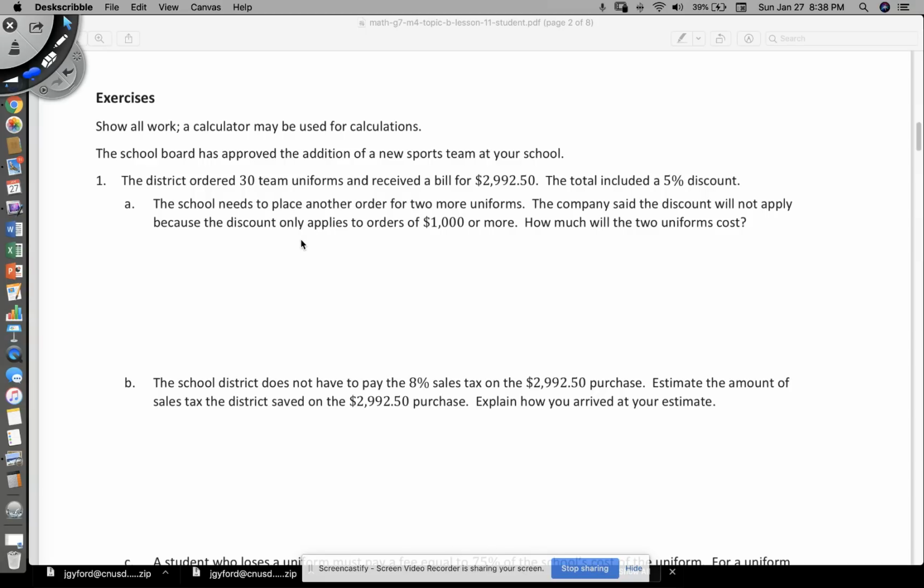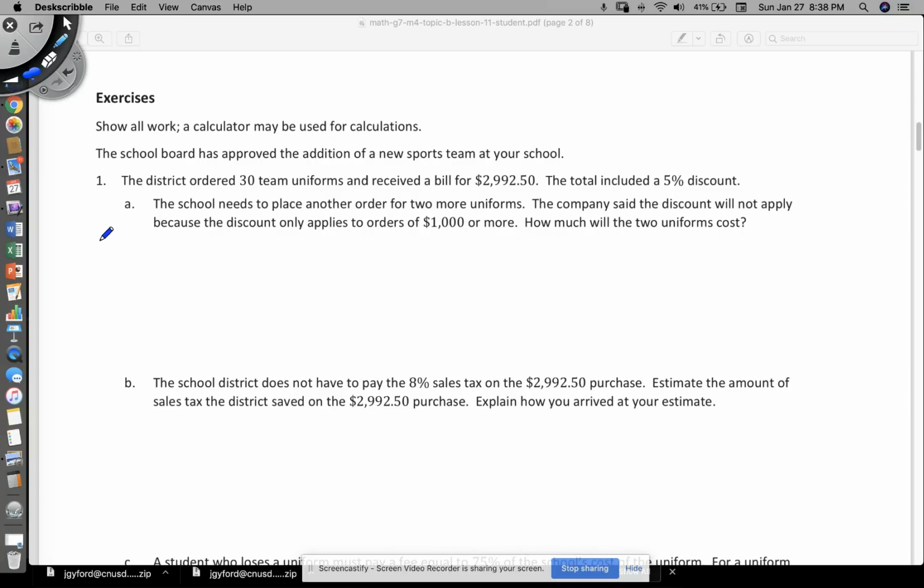The total included a 5% discount. So, first scenario here. The school needs to place an order for 2 more uniforms. They were 2 uniforms short. The company said they will not apply the discount for just 2. It has to be for orders of $1,000 or more. So how much will just the 2 uniforms cost?